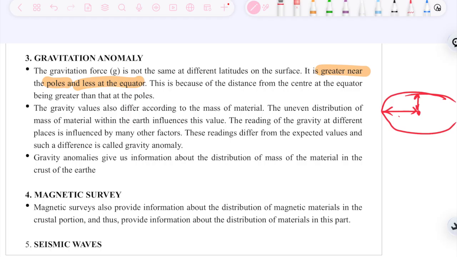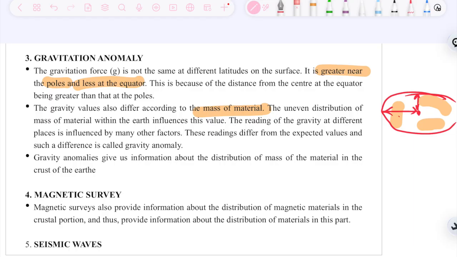The gravitation value also differs according to the mass of the material. If I have more mass, then the gravitational pull acting upon me will be more. The uneven distribution of mass of the material within the Earth influences this value. For example, this is a denser part, this is a less dense part, this has more matter, this has less matter, so the gravitational pull acting will also be different.